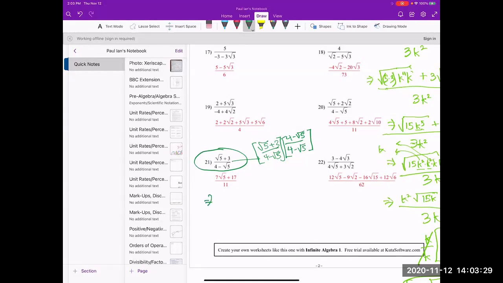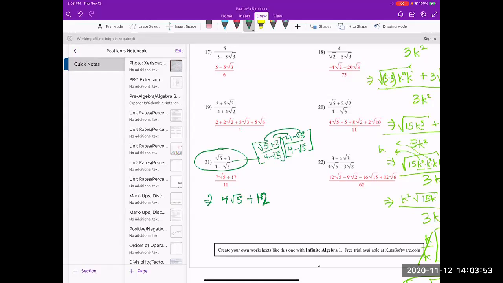So let's see. This is going to be 4 root 5 plus 12. And this one actually has more terms. So 4 root 5 plus 12.